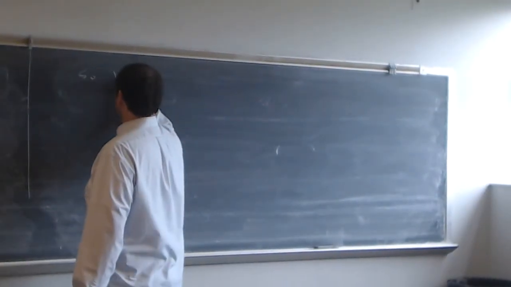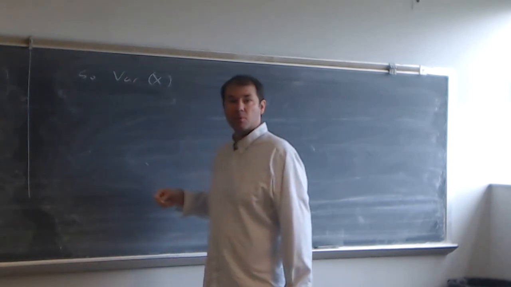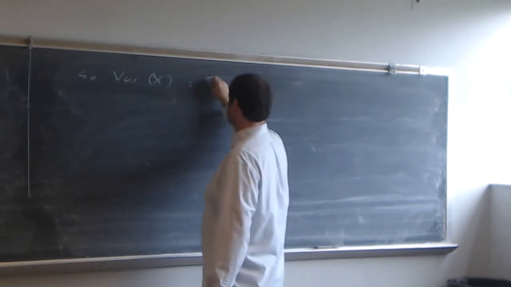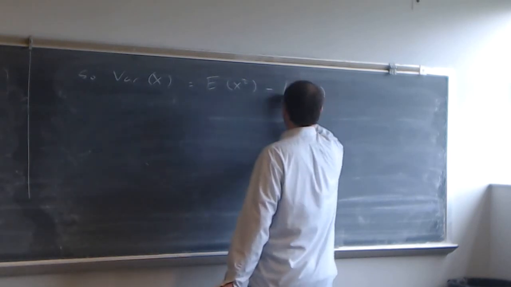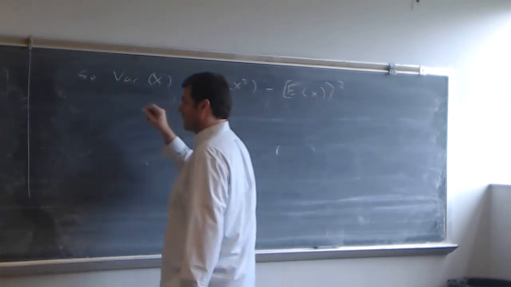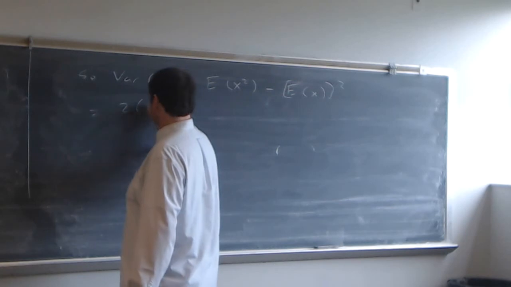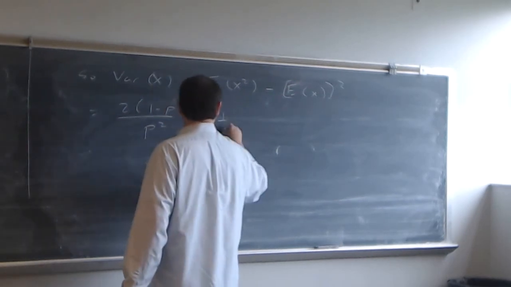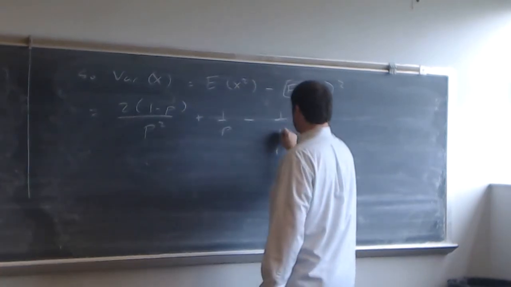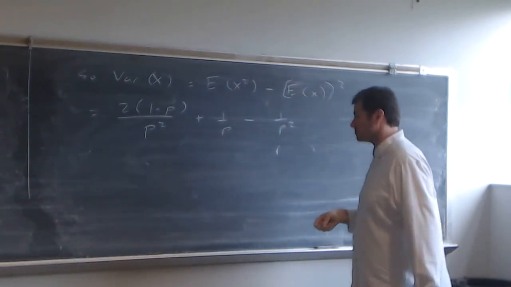So, the variance of x, remember we're talking about a geometric random variable with parameter p, is equal to the expected value of x squared minus the expected value of x, squared. So this guy we just found, it's equal to 2 times 1 minus p over p squared plus 1 over p minus, this was 1 over p, squared, so it's 1 over p squared.